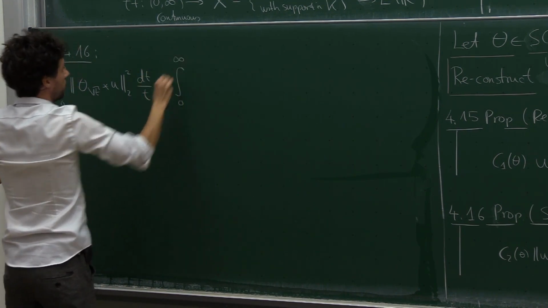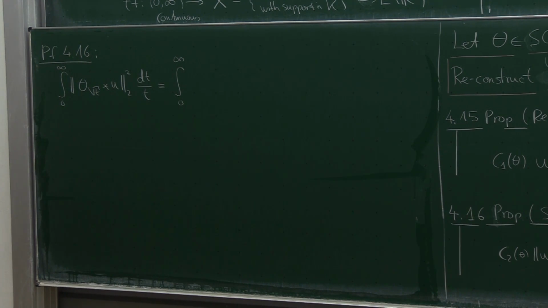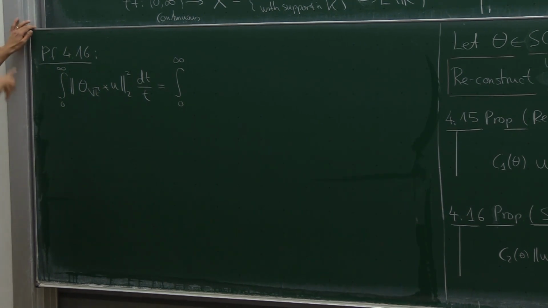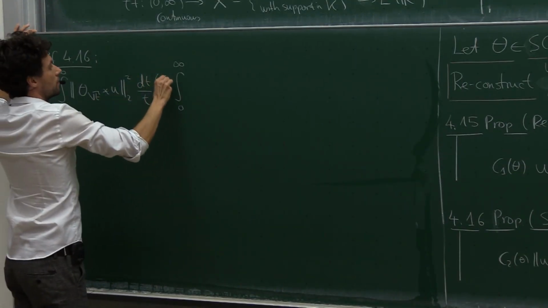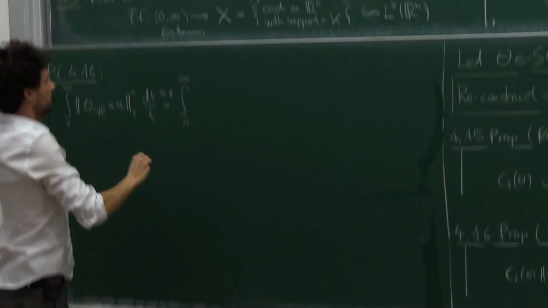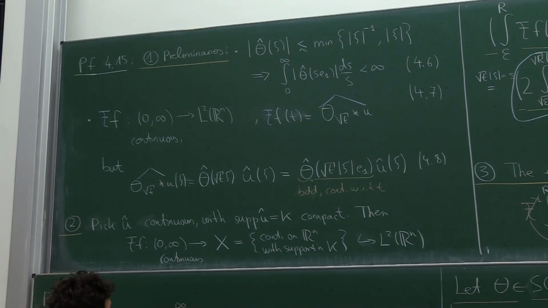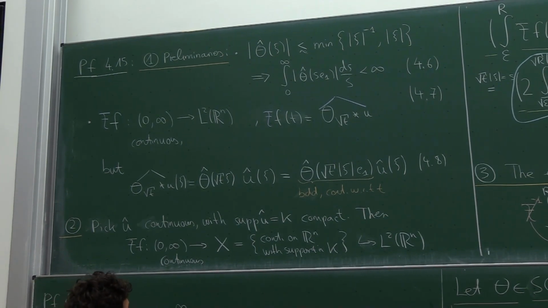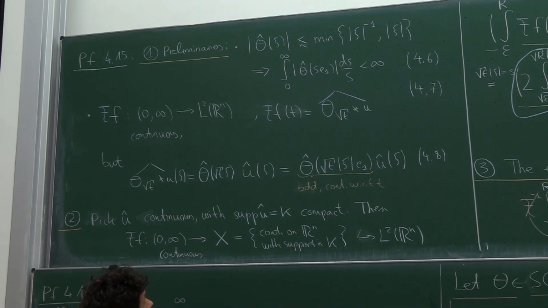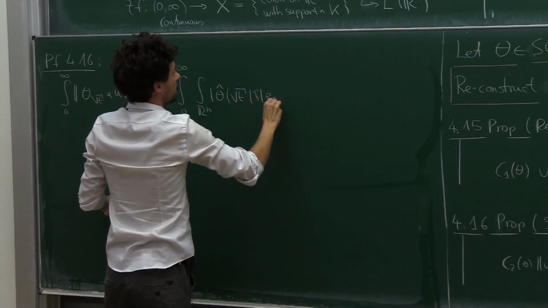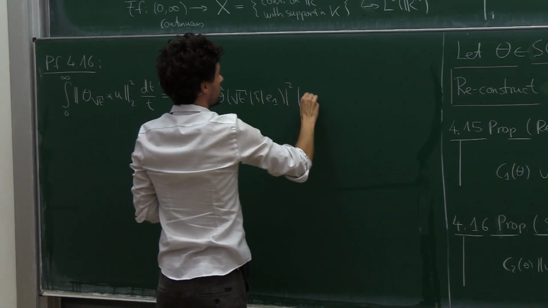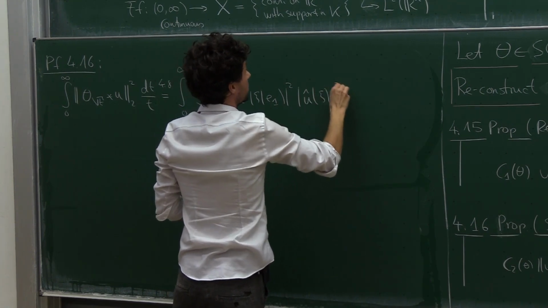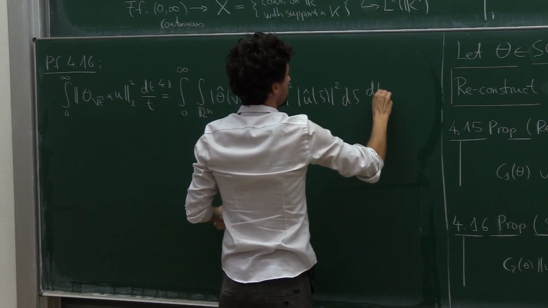You use Plancherel because it's the L2 norm squared, and you use the formula for the Fourier transform that is sitting on the board here. So you get the integral on Rn of theta hat of square root of t, absolute value of psi e1 squared, u hat of psi squared, d psi dt over t.